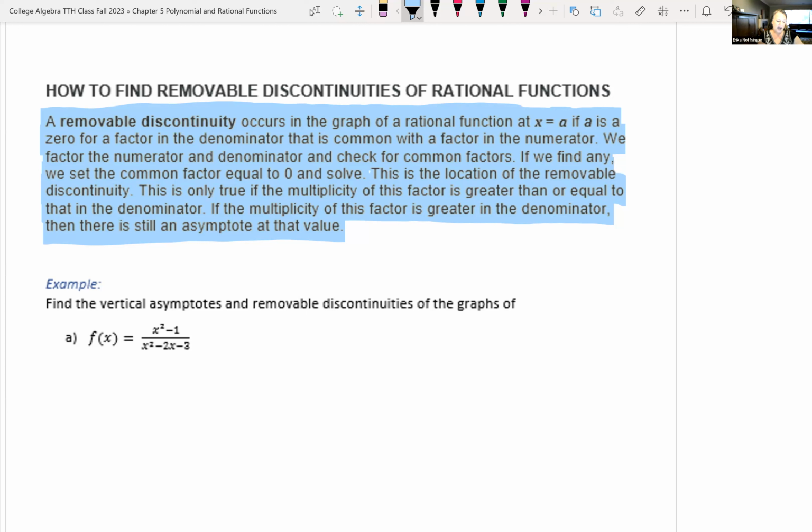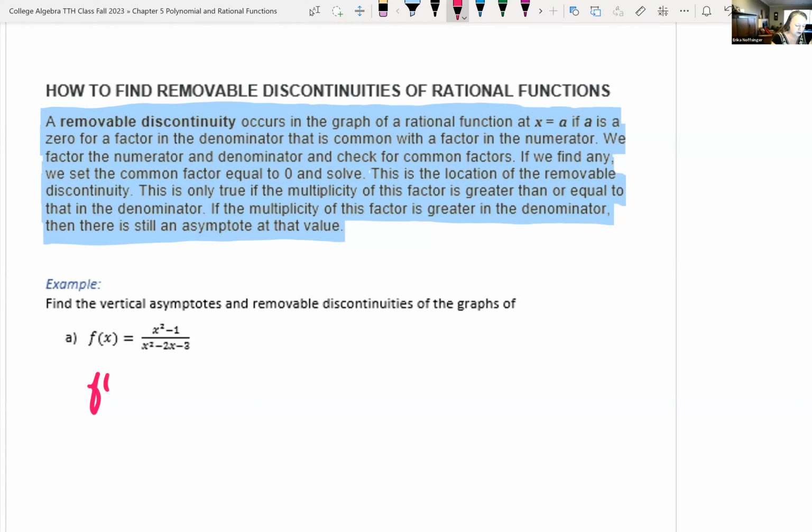So looking at the following example, it says find the vertical asymptote and removable discontinuities of the graph of f of x equals x squared minus 1 all over x squared minus 2x minus 3. Just like we had done before, we want to start by factoring both the numerator and the denominator.